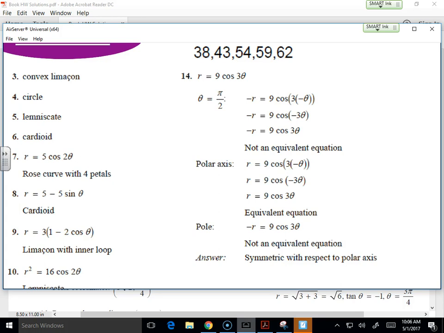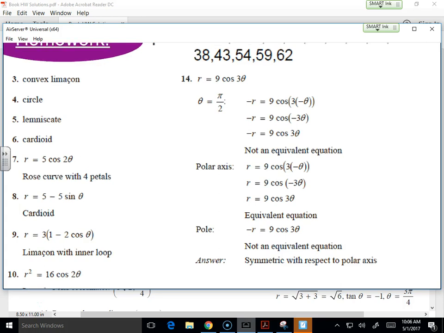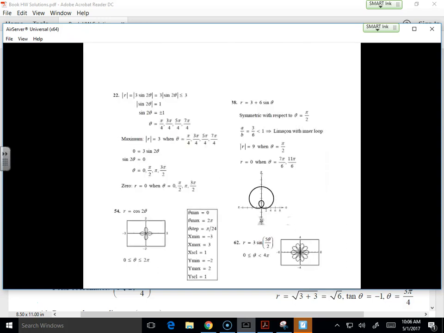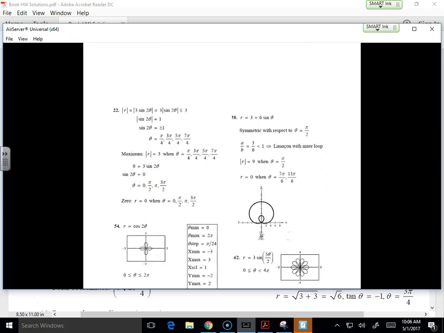Let's go out to 9. And when you graph or you see the cosine, say like, psh, of course it has polar axis symmetry. It has cosine, you don't have to go through all that stuff. But that's just me. I think that's easier than memorizing all the function notation and stuff.